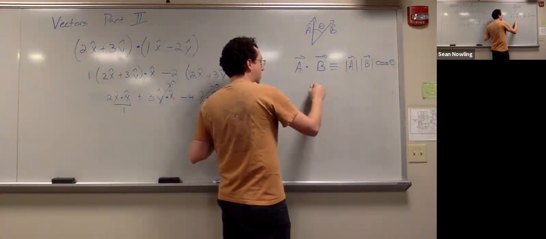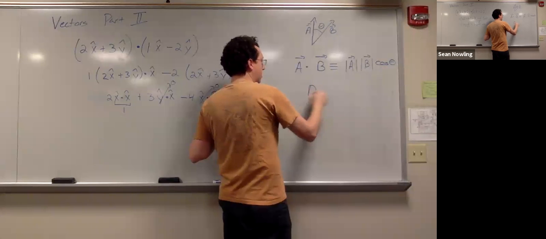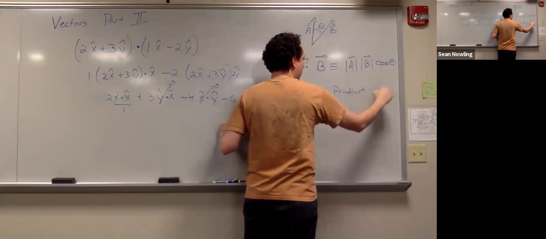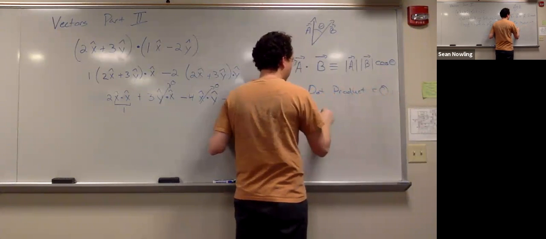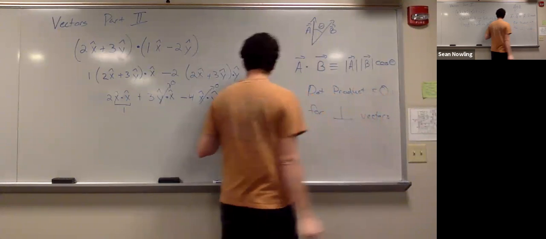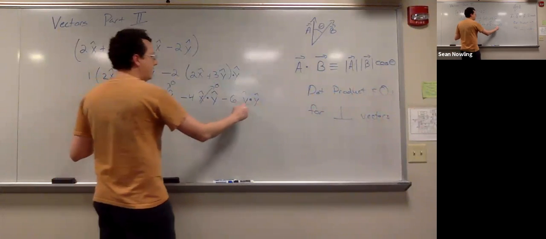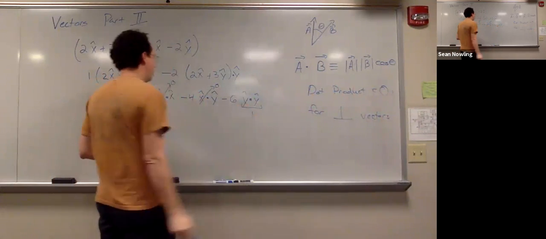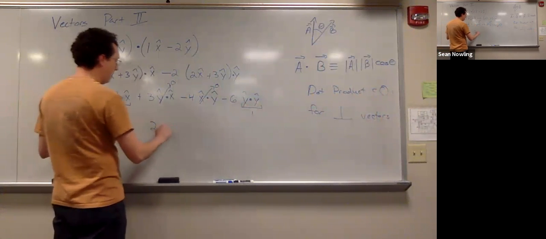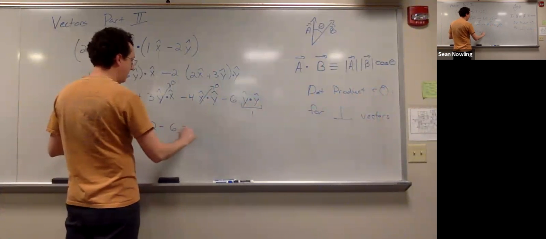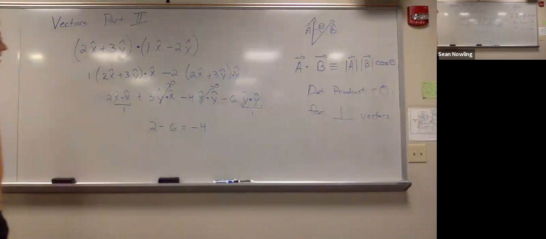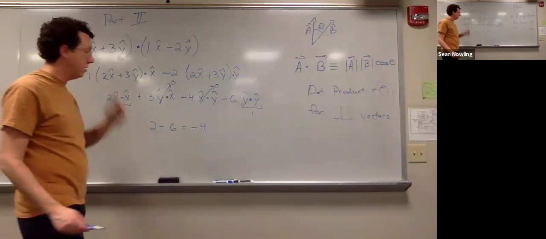Sorry. And then this is just going to give me a 1. So in fact, I get 2 times 1 minus 6 times 1 equals -4. Not so bad. It's a scalar. It's a pure number. It's a scalar.